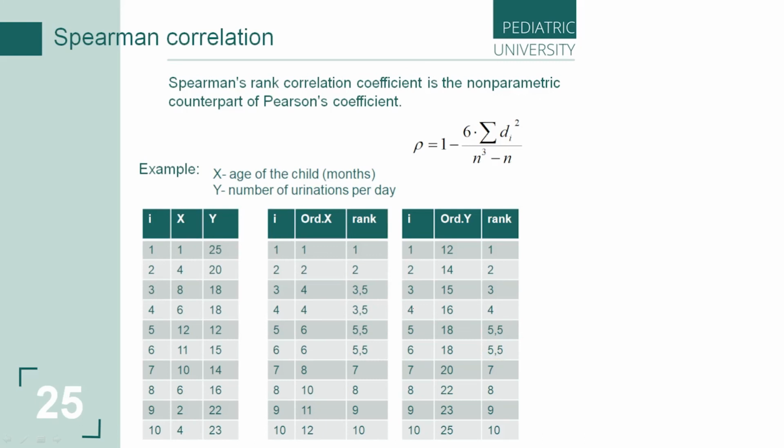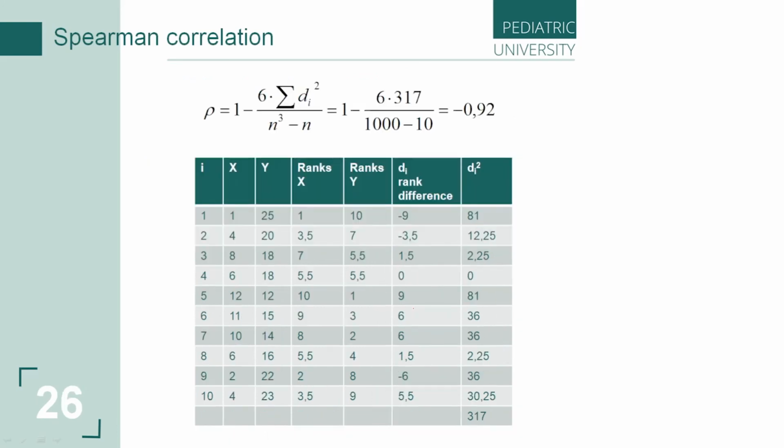After we have ranked the values x and y, what is next? We go back to the table. Write to each x its rank and to each y its rank.